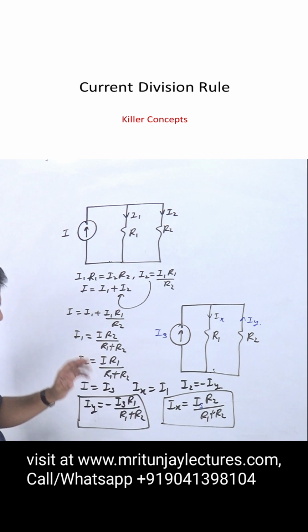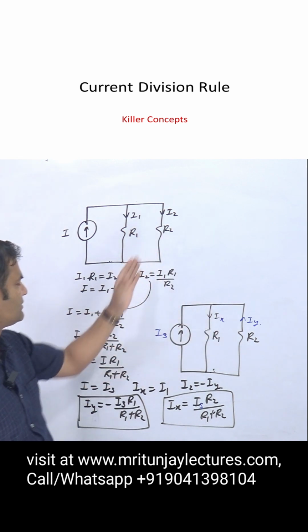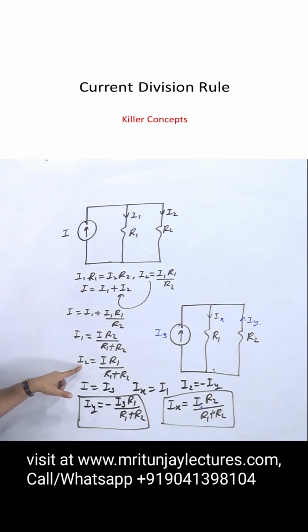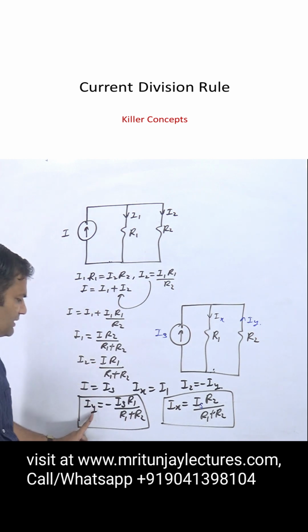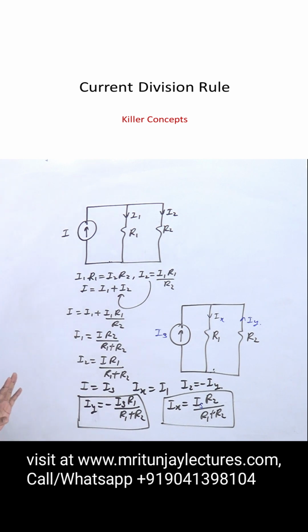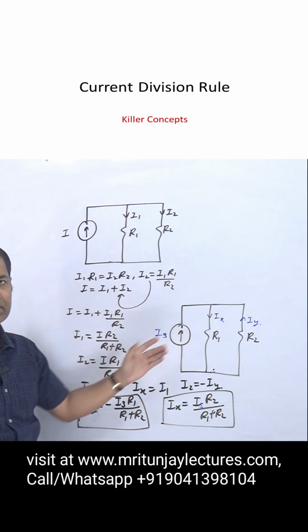Clear or not? Otherwise, you can also compare this one. I2 is minus Iy, so written here I2 minus Iy, and I replaced by Is. Then we get Iy is minus Is into R1 divided by R1 plus R2. Clear or not? Simply compare.